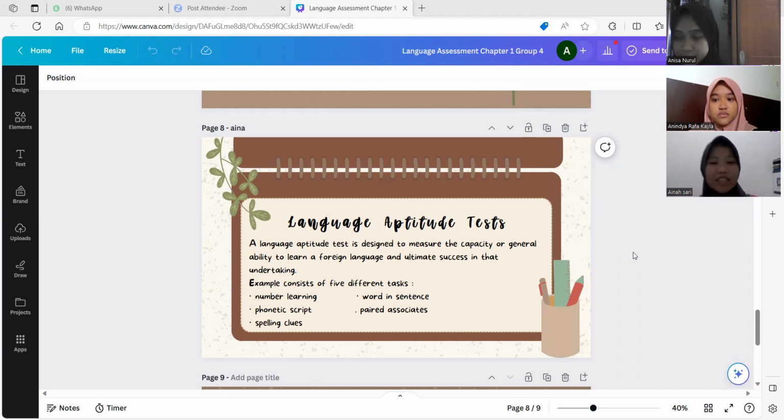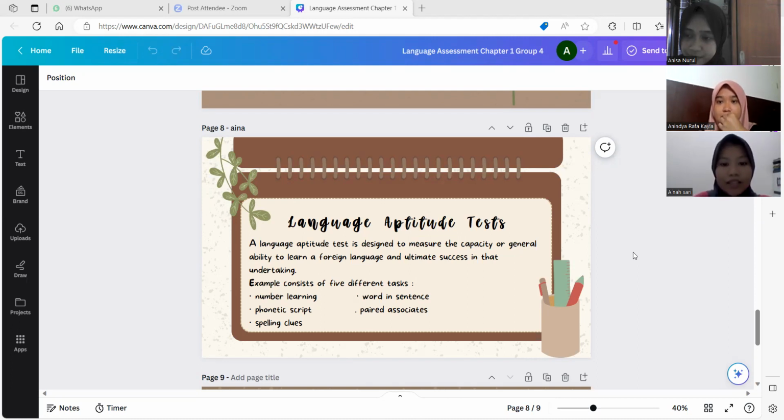The first is number learning. In number learning, examinees must learn a set of numbers by oral input and then discriminate different combinations of these numbers.